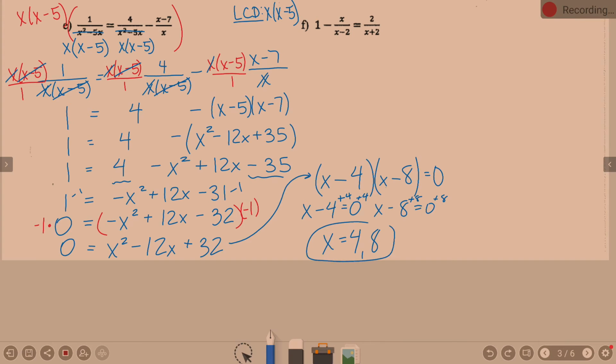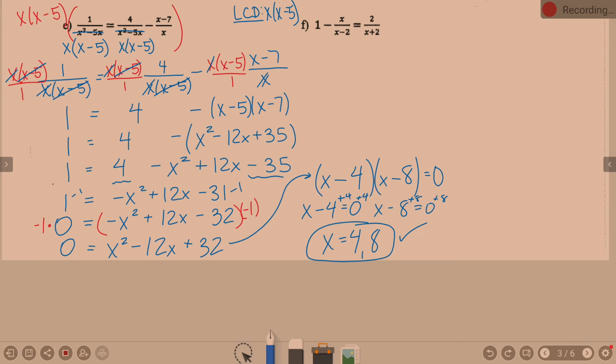So we get solutions of 4 and 8. What is my last step? Check. Are 4 and 8 okay in my denominators? Yes. The issues in my denominators would have been 0 or 5. Okay? So, these do check.